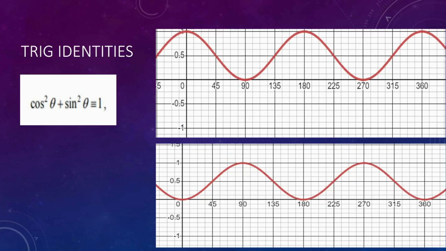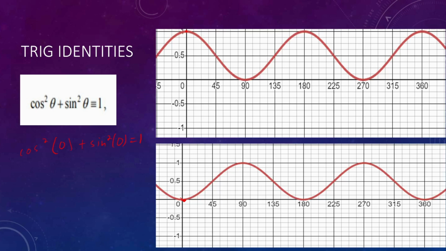Here we have cos square theta plus sin square theta is equal to 1. For example, let's take any theta and see why. If I take 0, as you can see I've taken 0 from both. So cos square theta plus sin square theta is equal to 1.